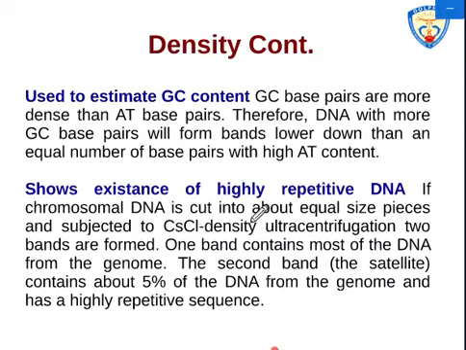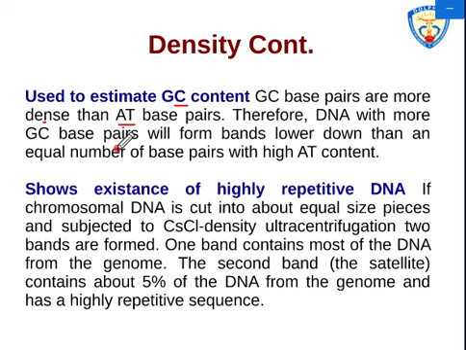This property of density can be used to estimate the GC content in a DNA molecule. GC base pairs are more dense than AT base pairs. GC pairs are bonded together by 3 hydrogen bonds as compared to AT, which have 2 hydrogen bonds.